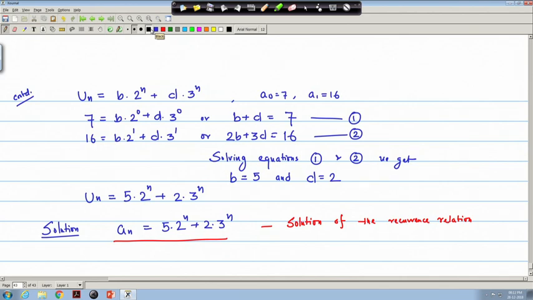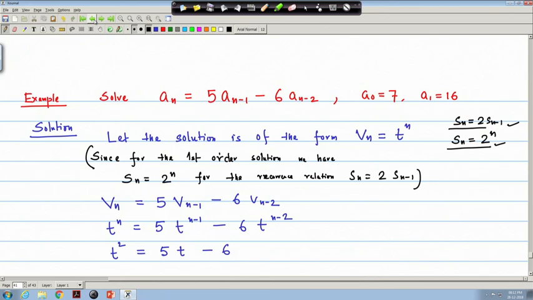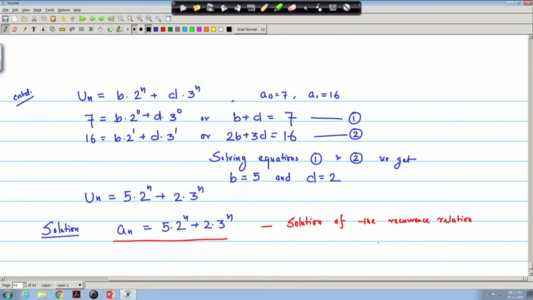We have taken the recurrence relation an equal to 5 a n minus 1 minus 6 a n minus 2, and found its solution.